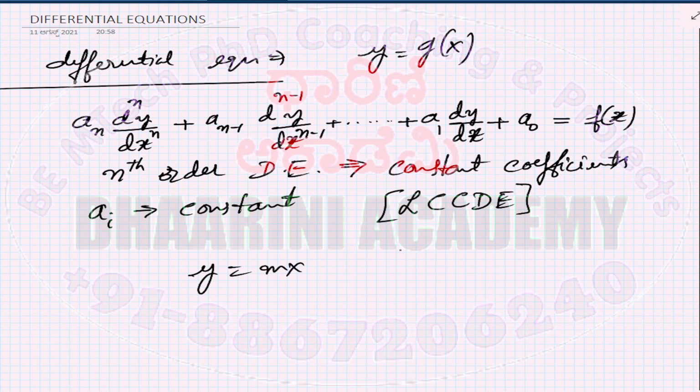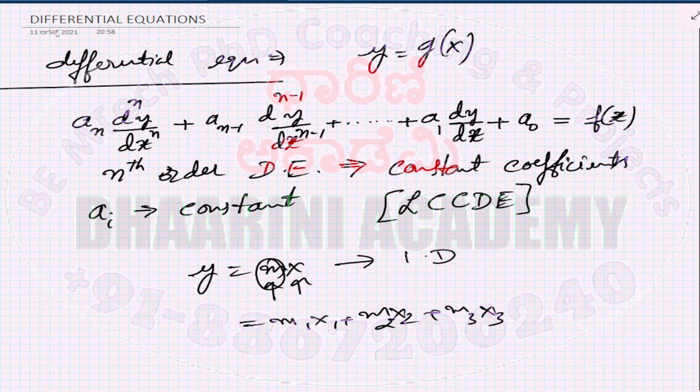This is a straight line. Now x is my variable, m is a constant, so this is one dimension. If you recall the multiple dimension equation, you can write this as m1 x1 plus m2 x2 plus m3 x3 and so on. So this is the 1D equation.